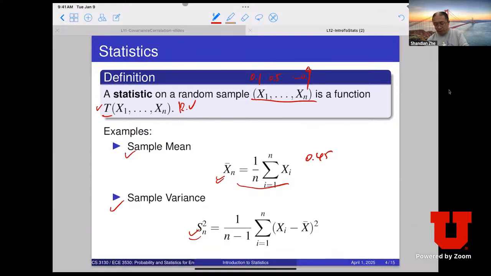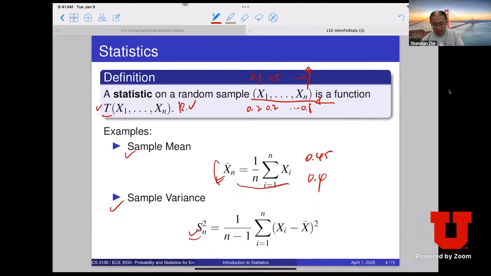However, if you do the next measurement over these n random variables, you probably get another set of values because they're random. It could be 0.2, 0.2, 0.8, and if you take the average, you might get 0.4.